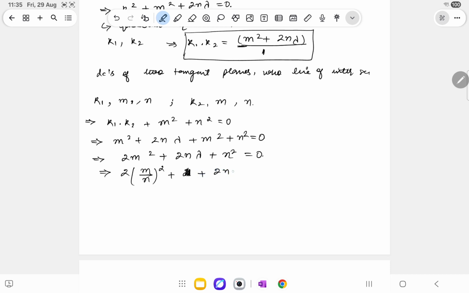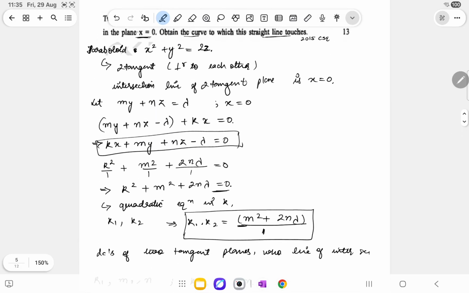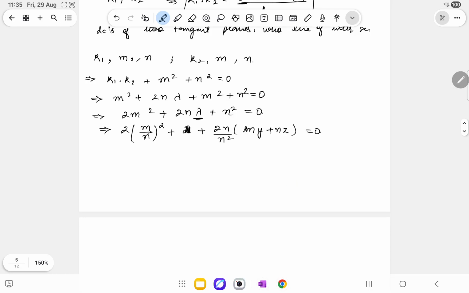Plus 2n into lambda, and my lambda is my plus nz, is equal to 0. I have substituted the value of lambda from here, that I assumed as my plus nz. If I simplify it, I will get 2 m by n square plus 1 plus 2 by n into my plus nz is equal to 0.